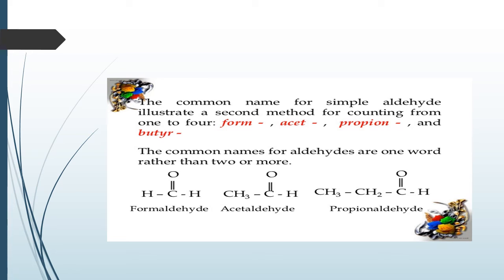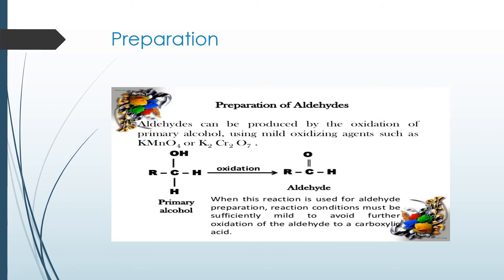If one side has a methyl group, acetaldehyde. If a 2-carbon or ethyl group is present, propionaldehyde. These are the commonly used names of aldehydes. Nomenclature is also very important.